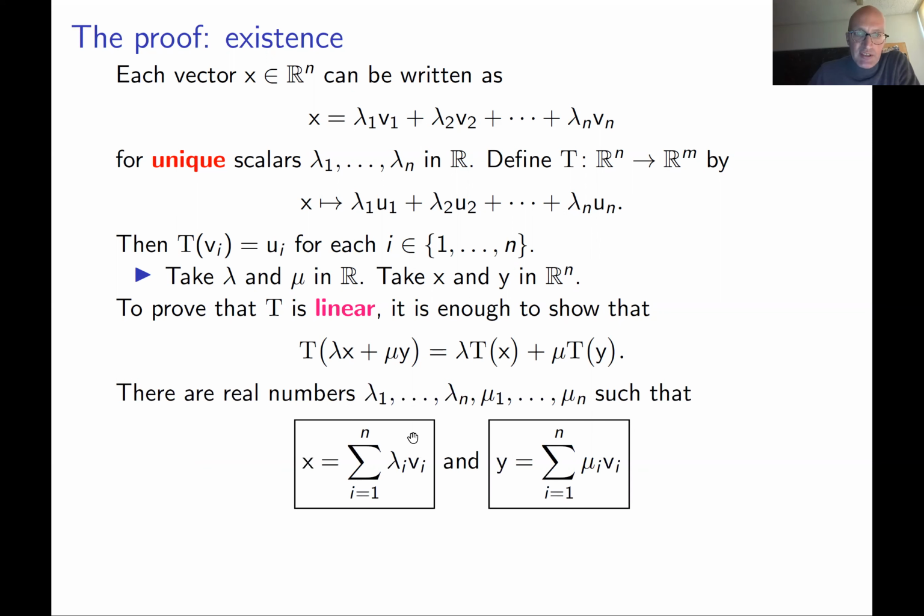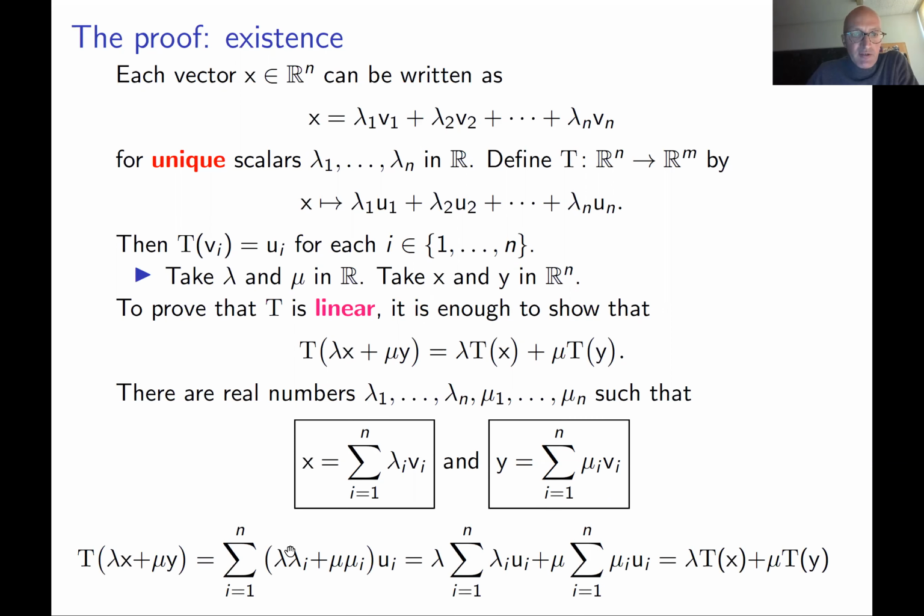Let's do this. We decompose x as a linear combination of vectors v1, ..., vn, then decompose vector y as a linear combination of vectors v1, ..., vn. What is T of x? It's the sum of lambda i ui. What is T of y? It's the sum of mu i ui. And what is T of lambda x plus mu y? When you add these two vectors, you get the sum of lambda i plus mu i times vi.